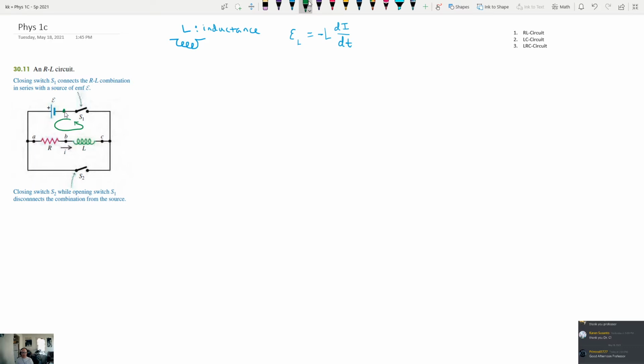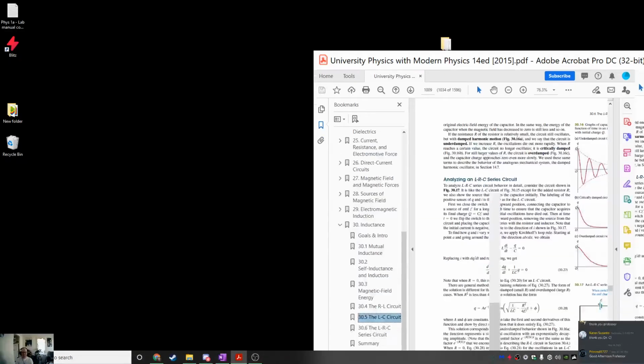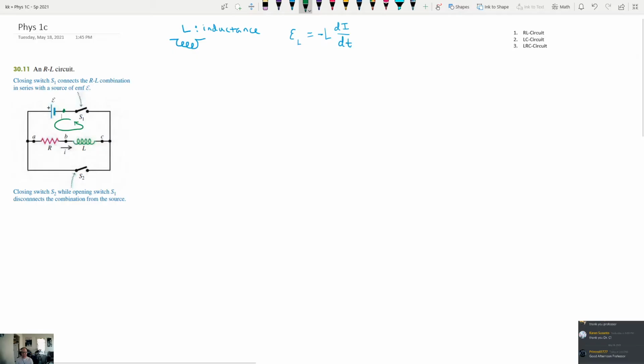When we go across the battery, if we're doing a loop rule, so we're summing voltage drops, what should I write down for the battery? It would be a positive. Yeah, positive E, right? That's what we write down. Okay. And then minus, when I get to the resistor, going from point A to point B, we're assuming that this switch is going to close right at the beginning.